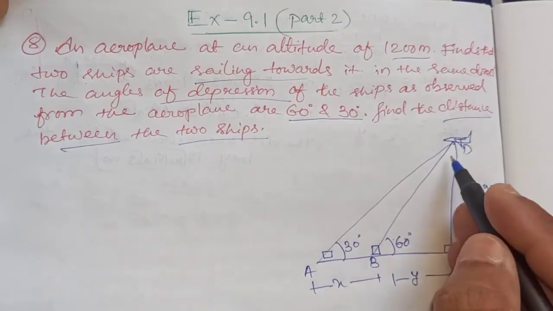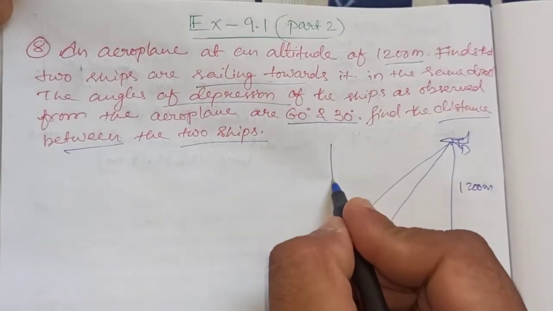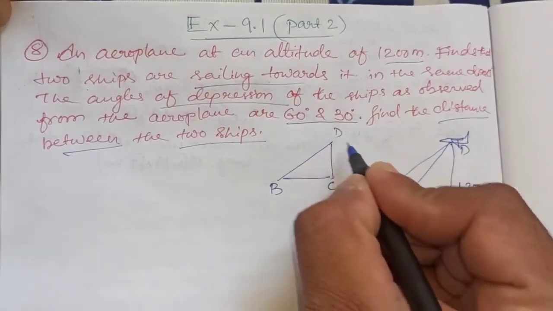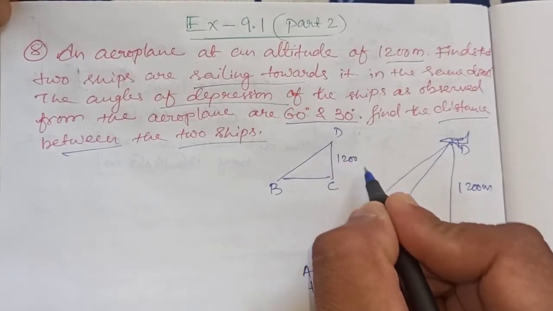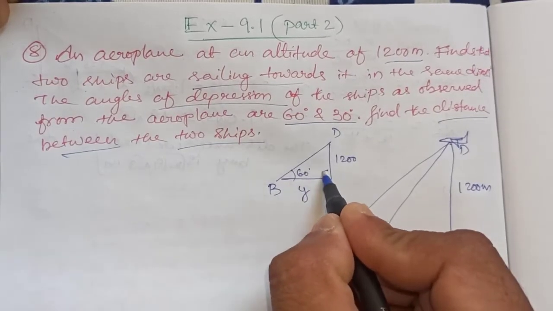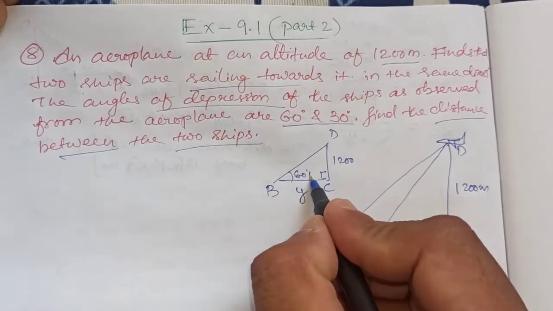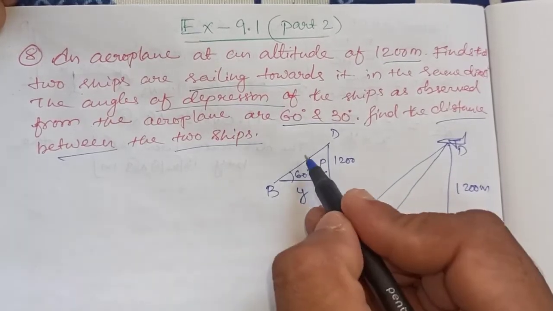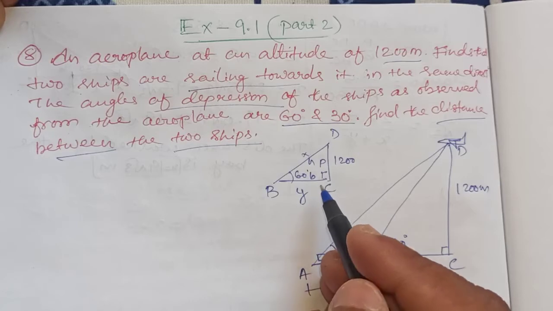Okay, so first of all I will take triangle BCD. In BCD, CD is 1200 meter, BC is Y, this is 60 degree, this is 90 degree. This is base, this is perpendicular, this is hypotenuse. No need of taking hypotenuse.